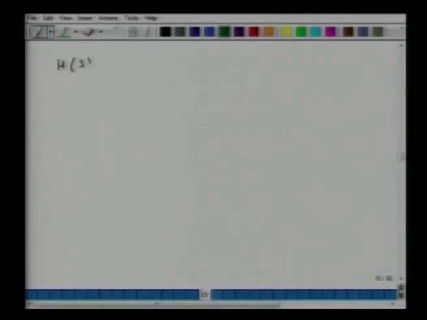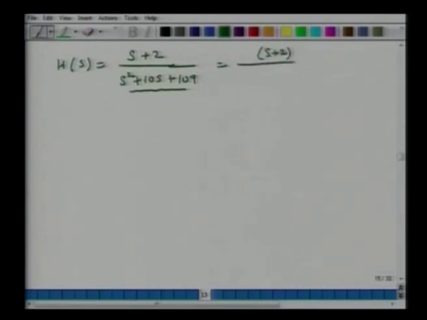My transfer function, let's say, is H(s) equals (s plus 2) over (s square plus 10s plus 109), which is equal to, now that I factorize the denominator, (s plus 2) over (s plus 3 plus 10j) and (s plus 3 minus 10j).